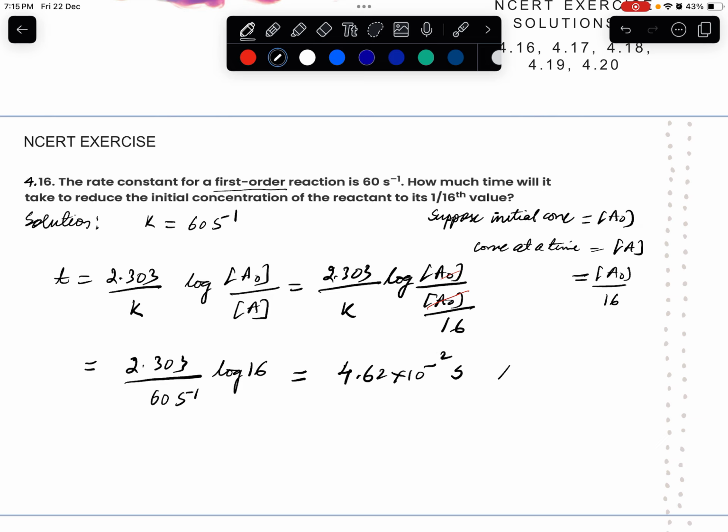This is your answer. That is the time taken for the original amount to reduce to 1/16th of it.